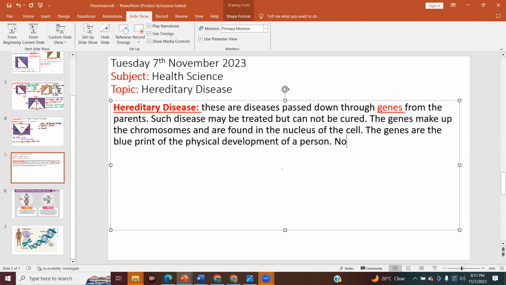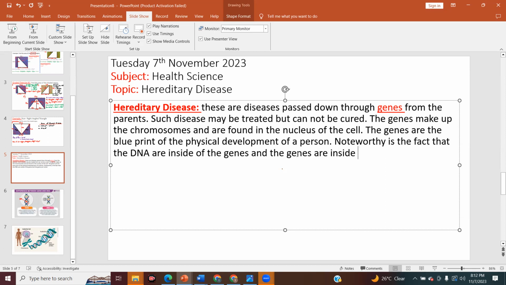Noteworthy is the fact that the DNA are inside of the genes, and genes are inside of the chromosomes.